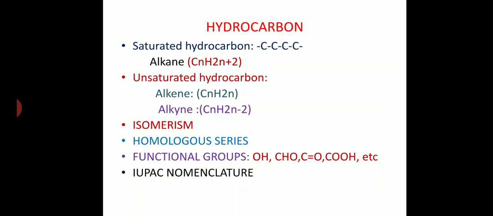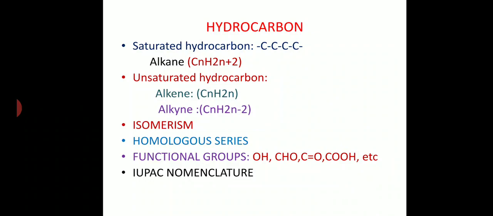Right. Next, you have learned isomerism. So isomerism is the phenomenon of two or more compounds having the same molecular formula but different physical and chemical properties. Right. So isomerism is of two types: structural isomerism and stereoisomerism.